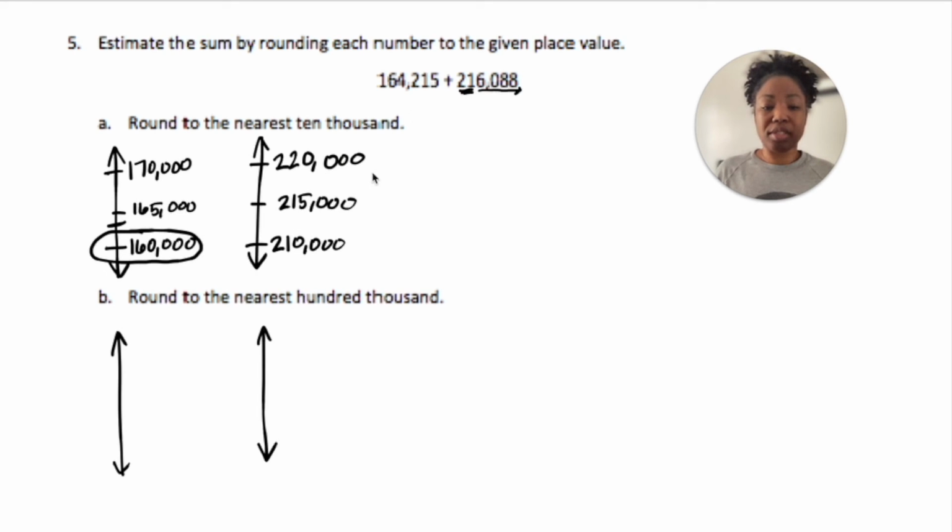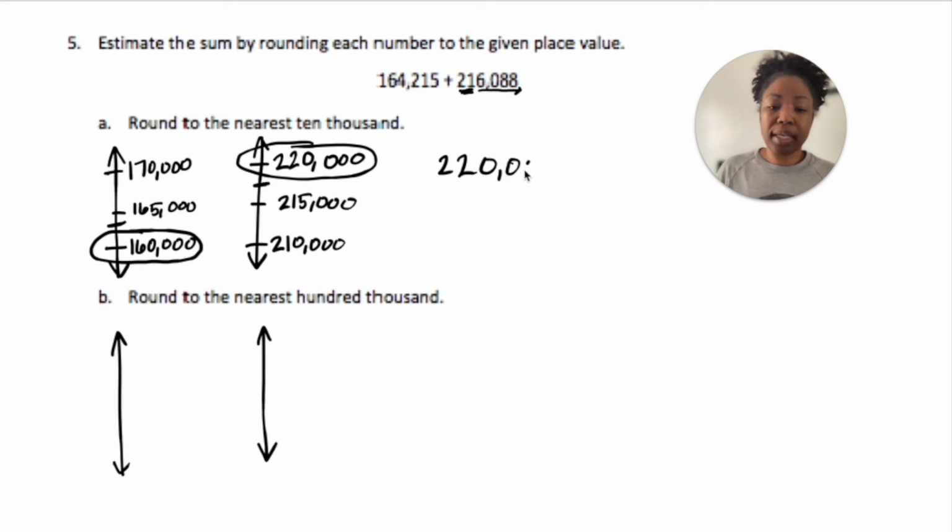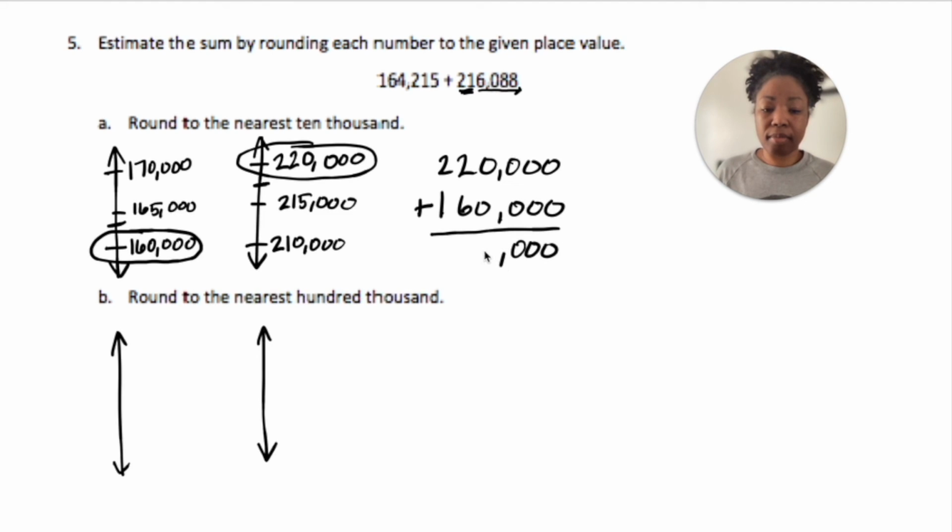This is 216,000. That's more. So we round up. So we're adding 220,000 plus 160,000 to get this sum. And that is 380,000. So this sum is about 380,000.